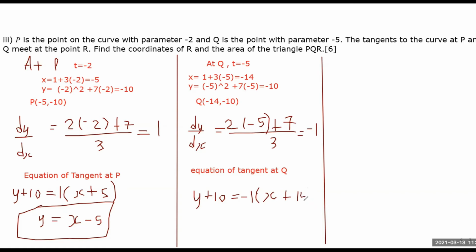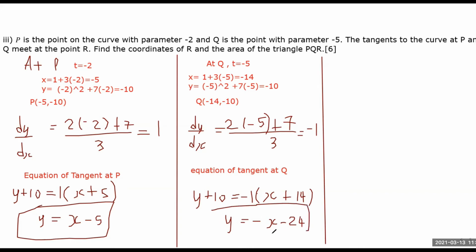And so expanding and simplifying, the equation of the tangent at Q is y equals negative x minus 14, and we bring over the 10. Minus 14 minus 10 is minus 24. That's the equation of the tangent at Q.